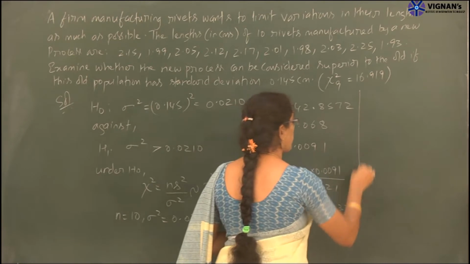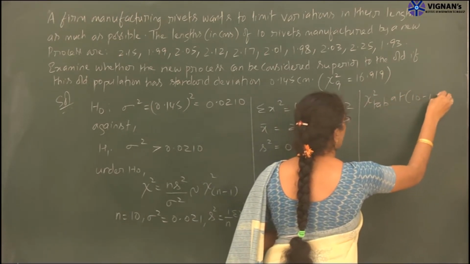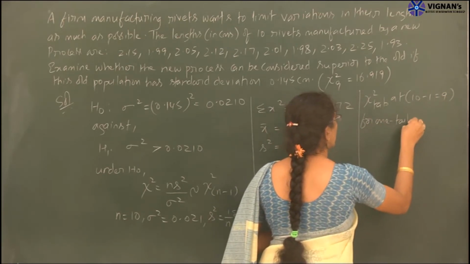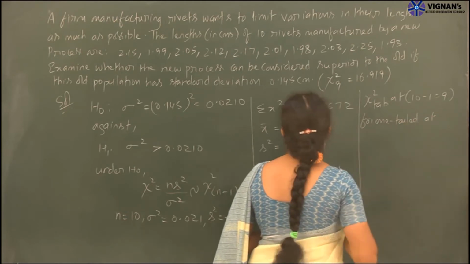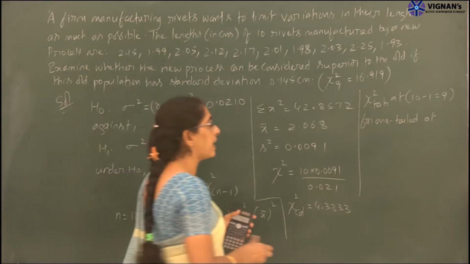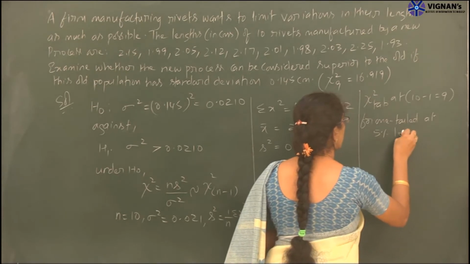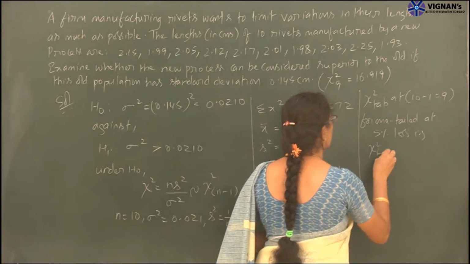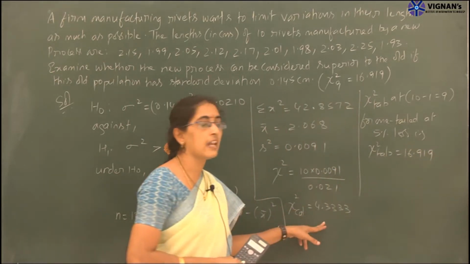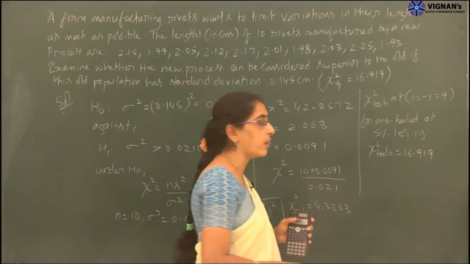Now chi square tabulated at 10 minus 1, that means 9 degrees, for one tail at 5%. The level of significance is not mentioned, so by default we consider 5%. At 5% level of significance it is 16.919.